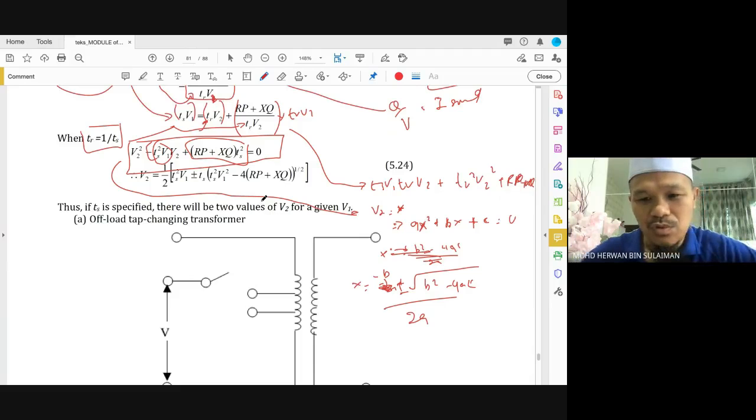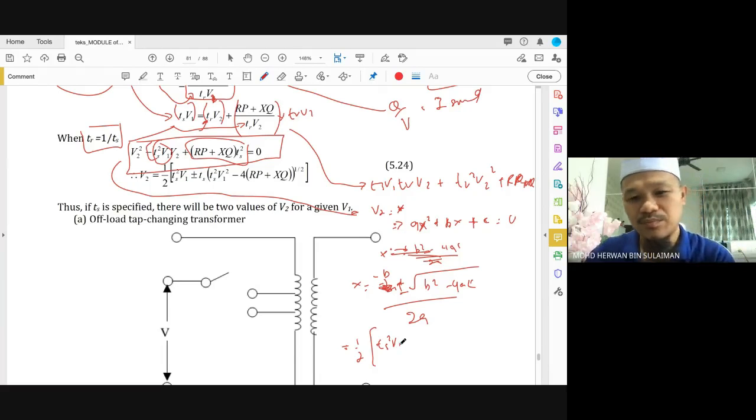It's complicated. So you have negative B. Because A is 1, so one half outside. Okay. Negative B, this value is B. Negative B, negative, negative becomes positive. TS square V1. Okay.